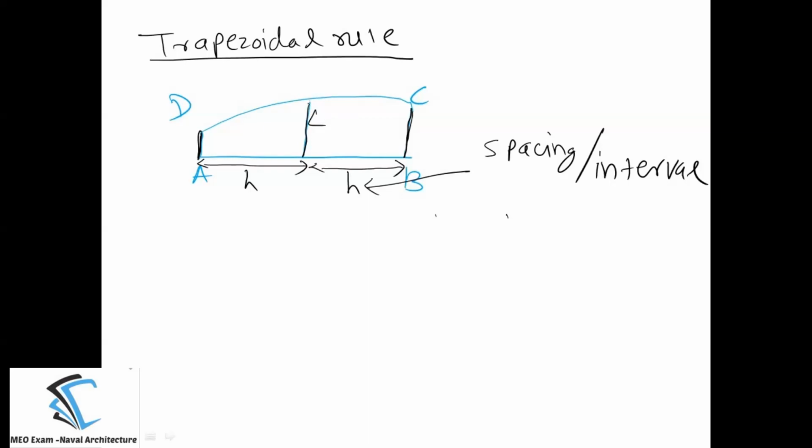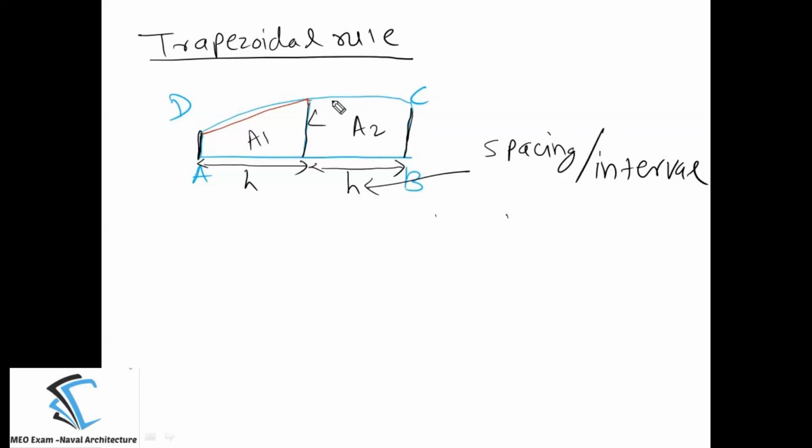This curve is there, so I will make two regions here, A1 and A2. In these two regions, the tops of these two consecutive ordinates I am going to join with a straight line, like this.